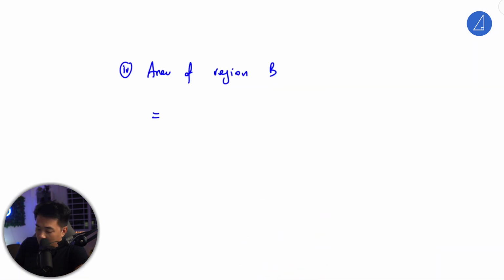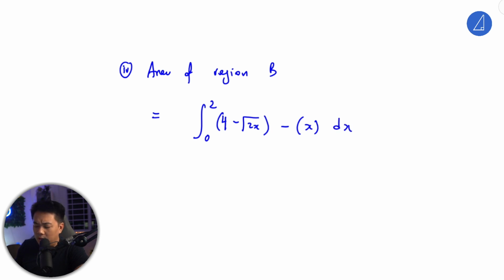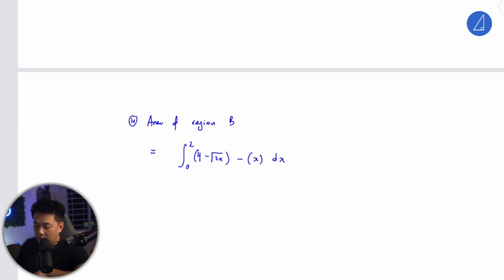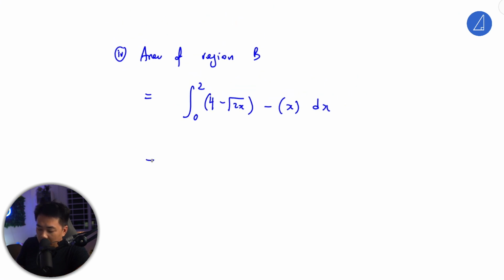Here we take the area from 0 to 2, then 4 minus root 2x, the top curve, minus the bottom curve, x here. Or you could just write the area on the graph. So this guy here, we can integrate all of it, right? From 0 to 2 of 4 minus root 2x minus x dx.